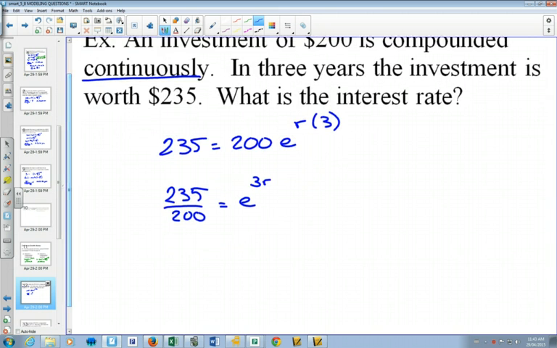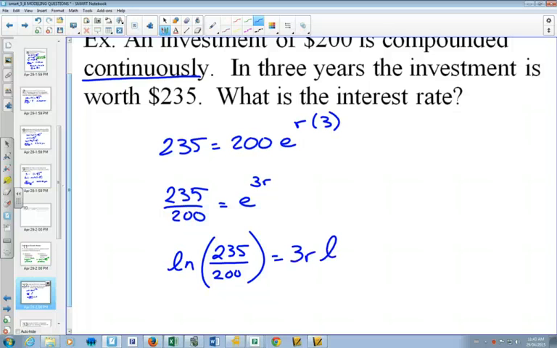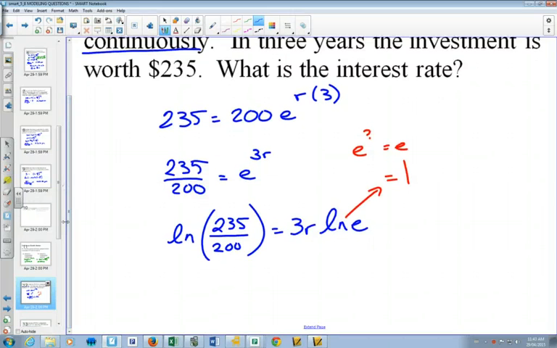So if I take the natural log of both sides, and then I can bring my exponent out in front, what is the natural log of e equal to? e to what power is e? 1. Because e to the power of what is equal to e has to be 1. And so then, if we know that that's equal to 1, to get r by itself, we would just have to divide by 3.